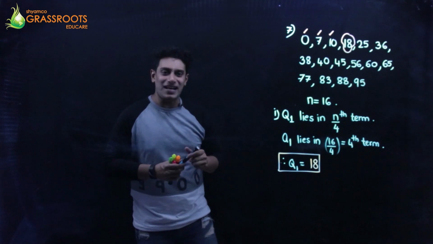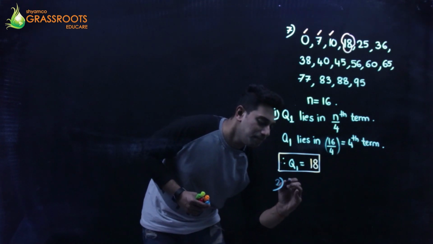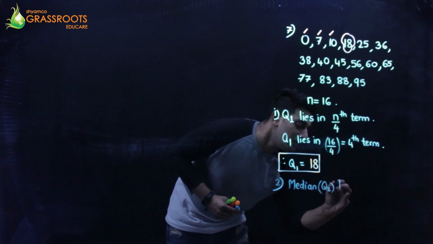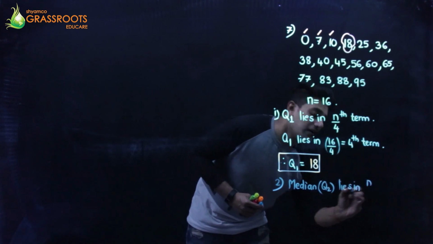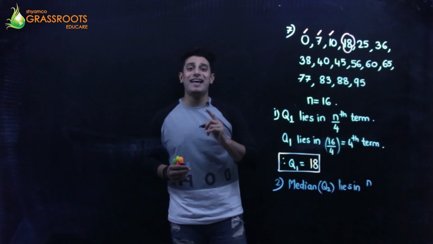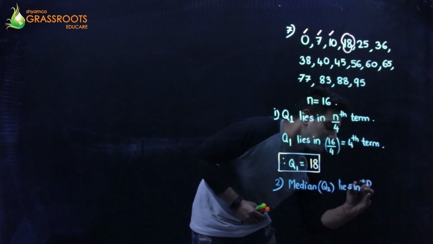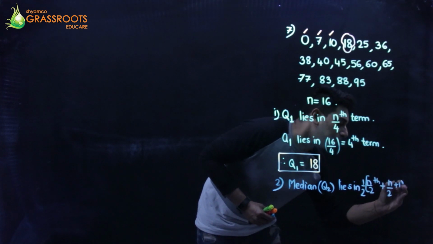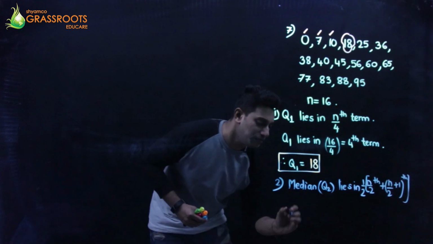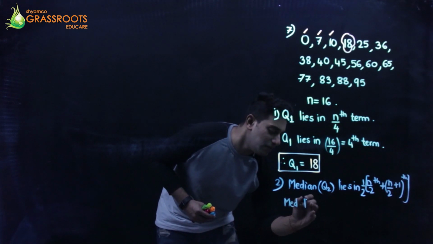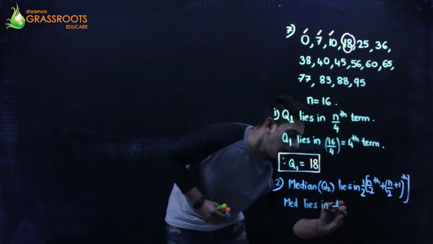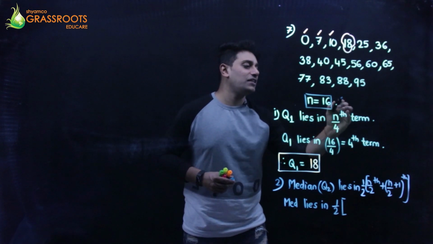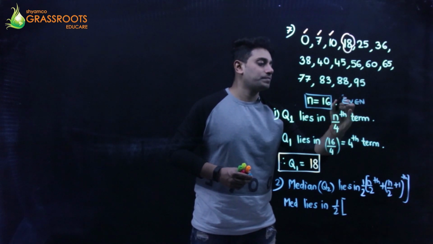Let's go further. Second, median, which is also called Q2. When n is even, the formula is the average of the n by 2th and the n by 2 plus 1th observation. N is 16, it's even.